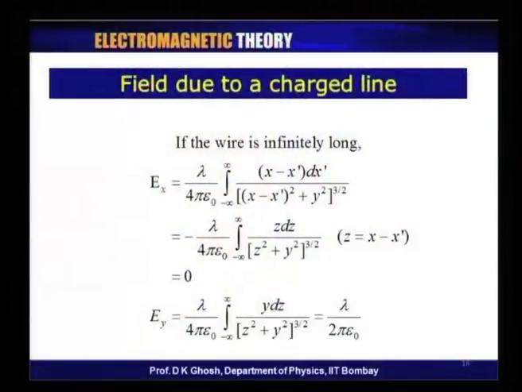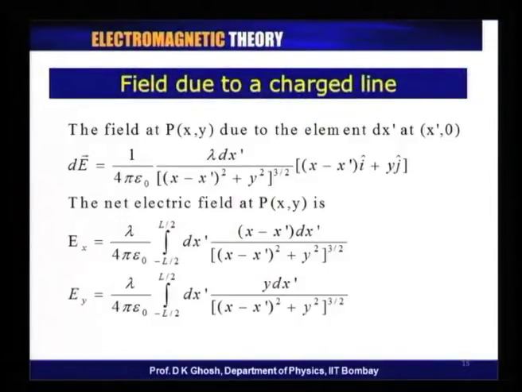In this limit, look at the E x integral. If it is from minus L by 2 to plus L by 2, this is a difficult integral. Now, suppose it is from minus infinity to plus infinity, I can reduce this integration very simply by replacing x minus x prime with some other variable, let us say z.